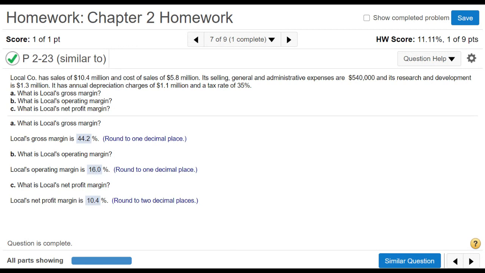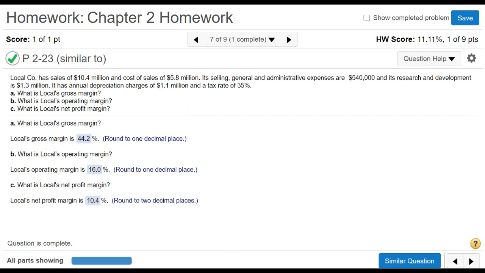So we subtract that from that net number between 10.4 and 5.8. And then we divide it by the sales, because that's our base. Then the number we get, I think we multiply by 100, and then we get 16%. You have to look at it that way.